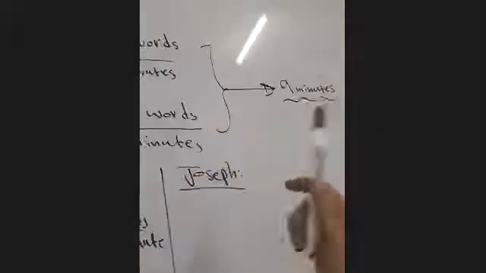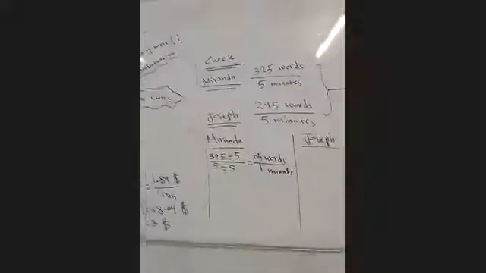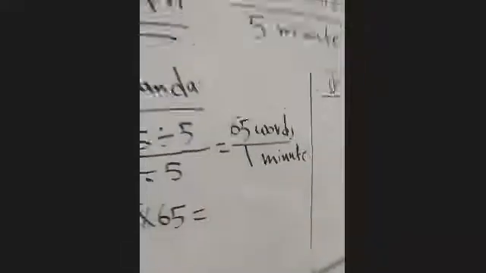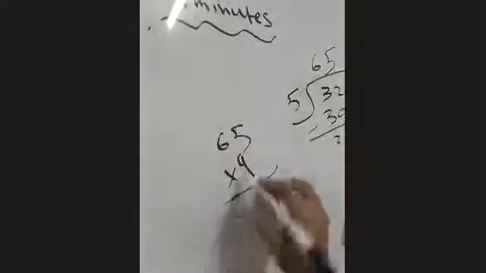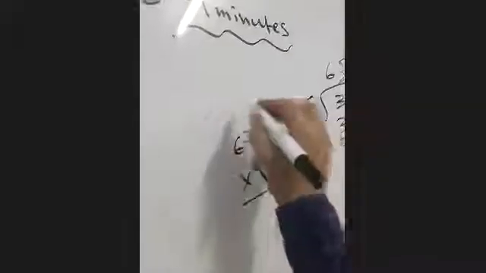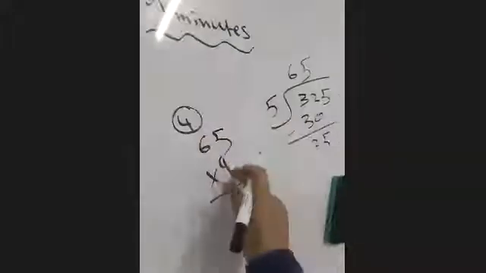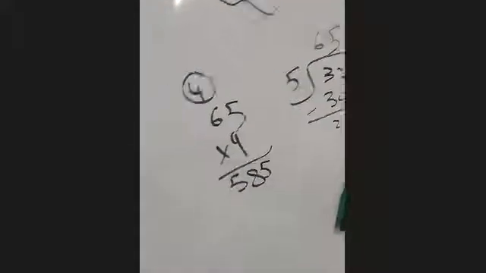So, Miranda, in 1 minute, she can type 65 words. But in 9 minutes, how many will Miranda type? What will we do? We multiply 9 with 65. Let's do normal multiplication. 9 times 65. 9 by 5, 45. 5 down, 4 up, right? 9 by 6, 54, with 4, 58.